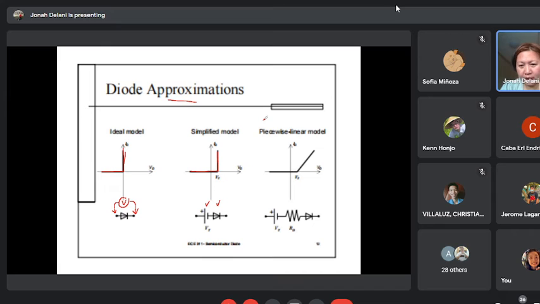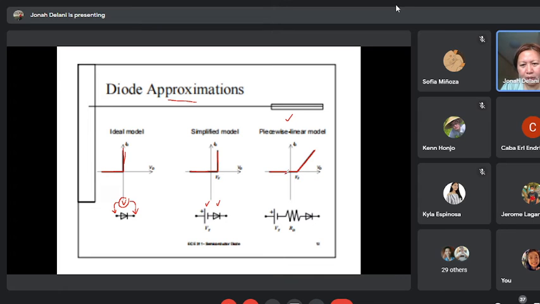If we consider the resistance of a diode, we call the approximation a piecewise linear model. Reverse bias, zero current, but when it reaches the threshold voltage, current would start to flow. But not vertically, it is slanting. That is due to the resistance of the diode.